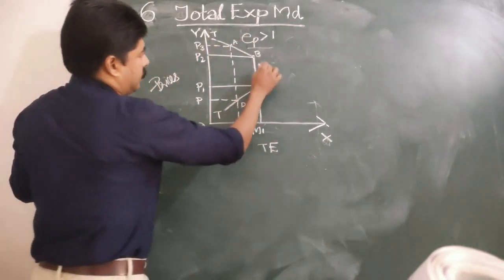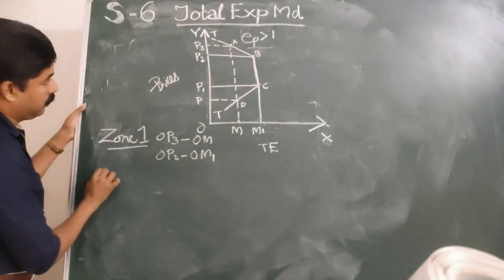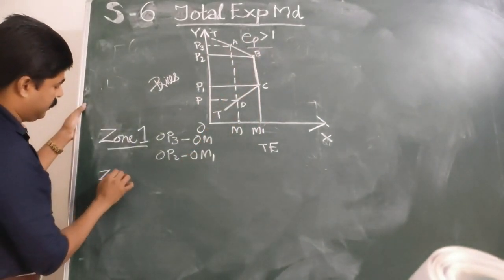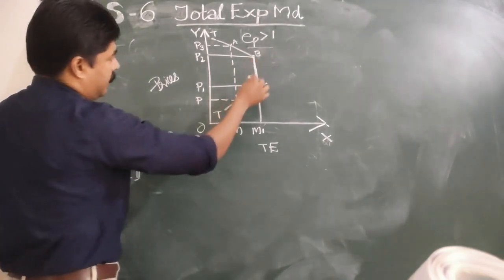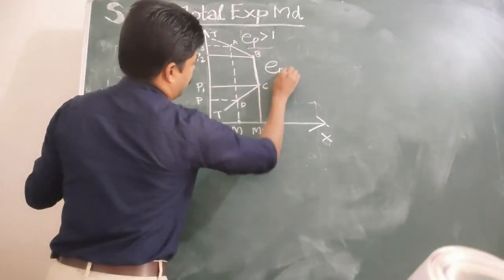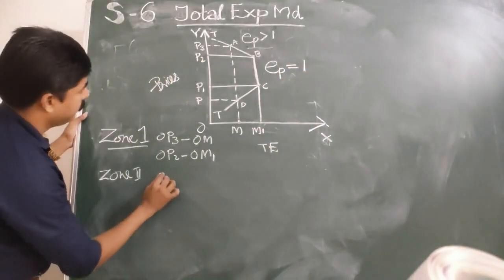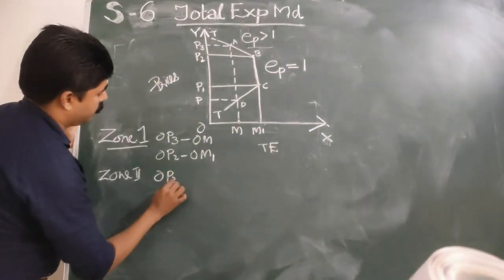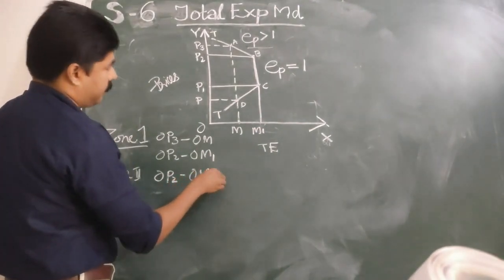And the second zone lies between B and C. Zone number two, between B and C, the elasticity is equal to 1. What is happening? At price OP2, quantity demanded is OM1.